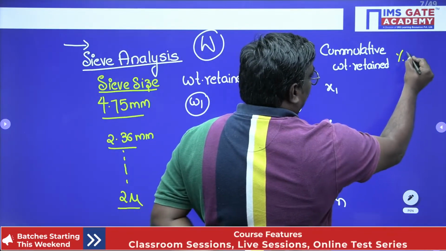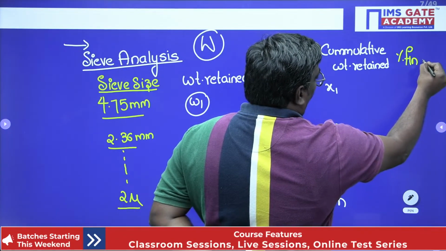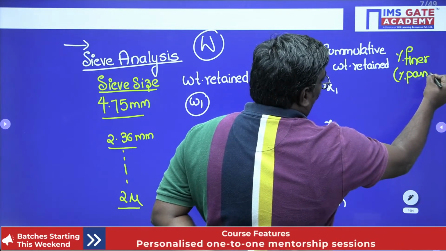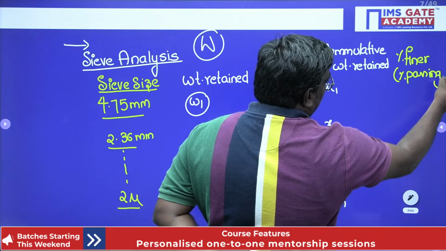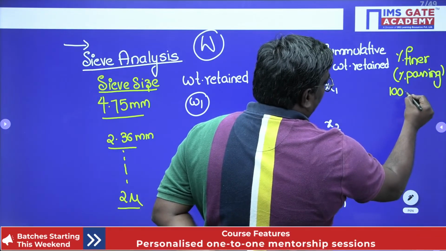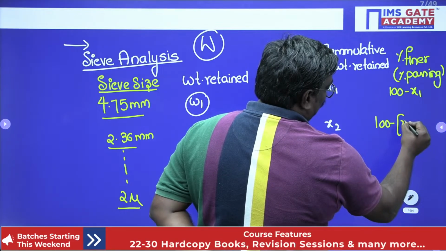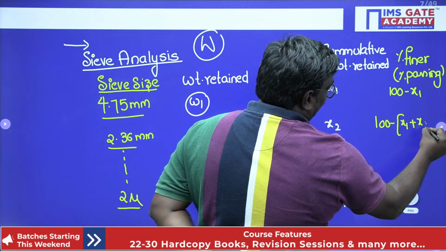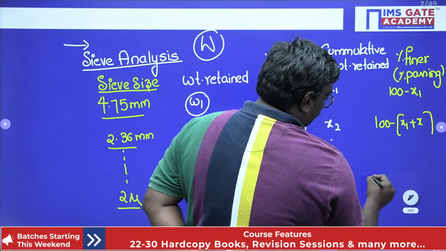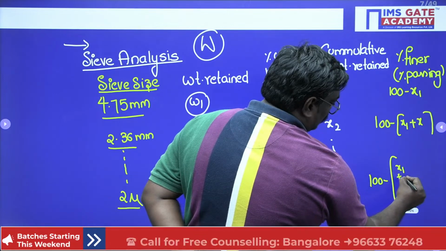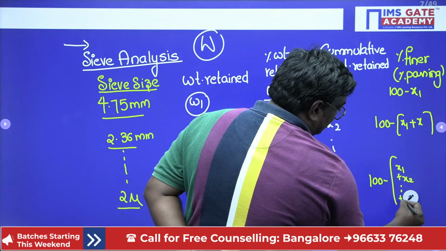When I talk about the percentage finer or percentage passing, you can write it as 100 minus x1, then 100 minus of x1 plus x2, and so on up to 100 minus of x1 plus x2 up to xn.